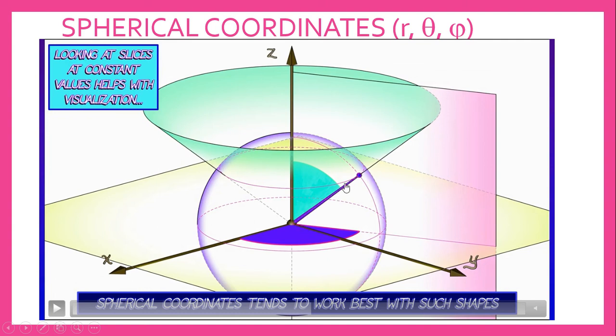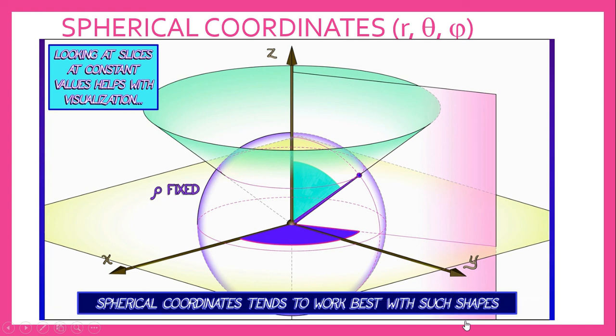And likewise, if you rotate this cone, you can get this sphere. See how it is rotating. This video will help you to visualize how the spherical system is formed. Now rho, that is the radius, is fixed here.